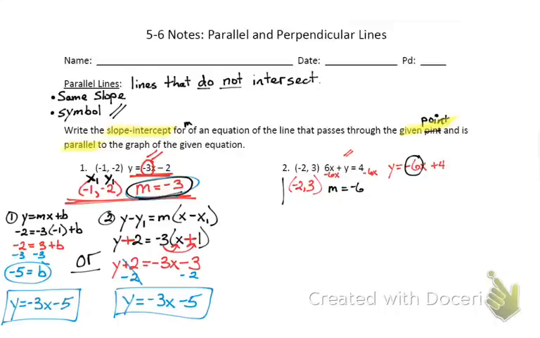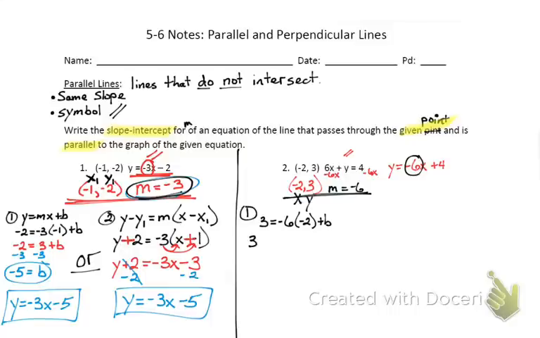So again, here's the information you're going to use to solve your equation. Okay, that 1 point and slope. And again, we can do this 2 different ways. I'll show the first way here again by plugging in your x of negative 2, your y of 3, and your m of negative 6 and solving for b. You would say y, which is 3, equals m, which is negative 6, times x, which is negative 2, plus b.